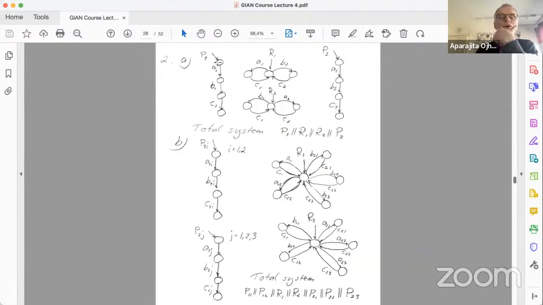Then you have the Petri nets, or the automata for the 2 sequences, one for the left and one for the right sequence. So the total system is then P1 synchronized R1, R2, and P2. And of course, here one could discuss which one of these models is best to understand this behavior.